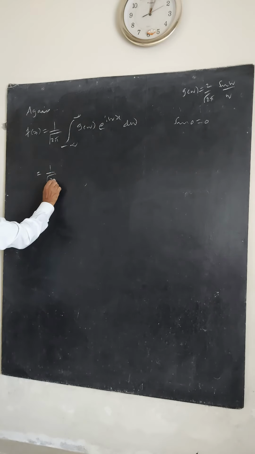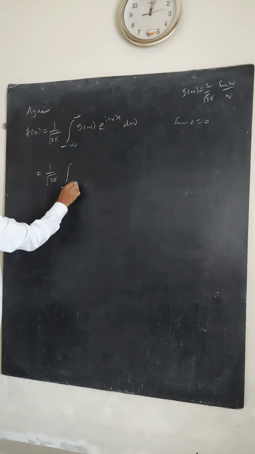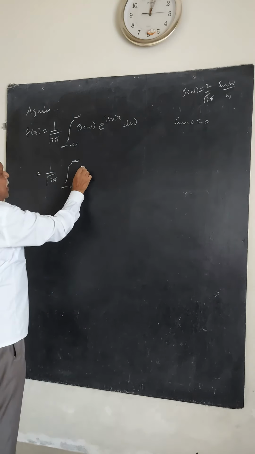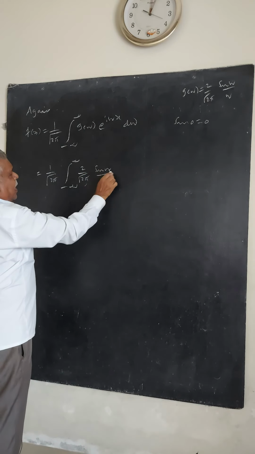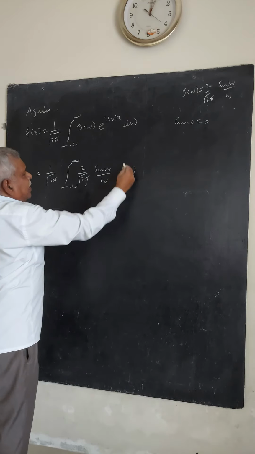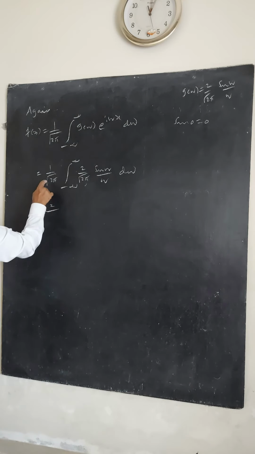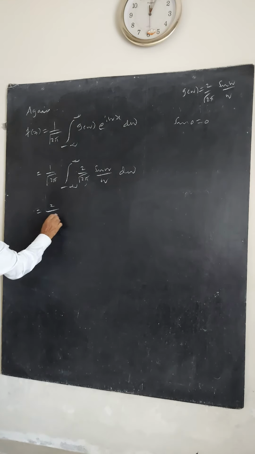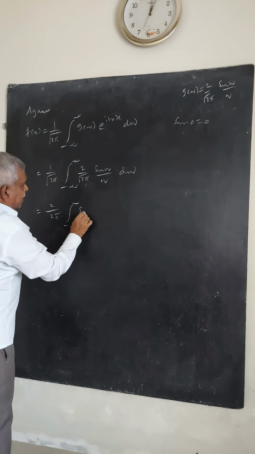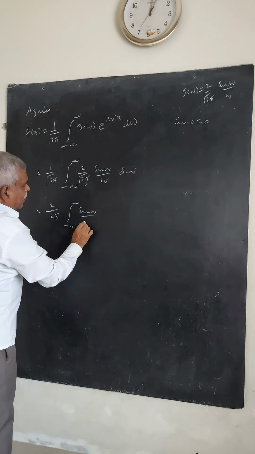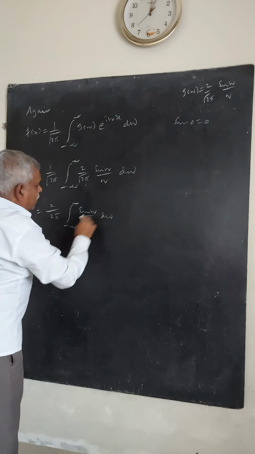What is g omega? 2 by root of 2 pi sin omega by omega. The 2 comes out: 2 by root 2 pi, so 1 by root of 2 pi times 2 by root of 2 pi, minus infinity to plus infinity, sin omega by omega d omega.